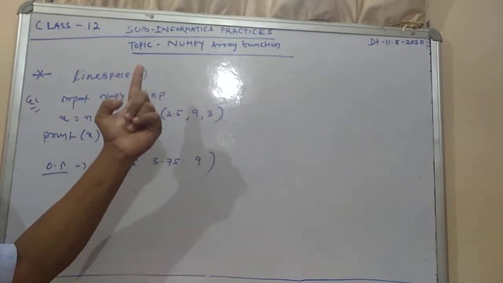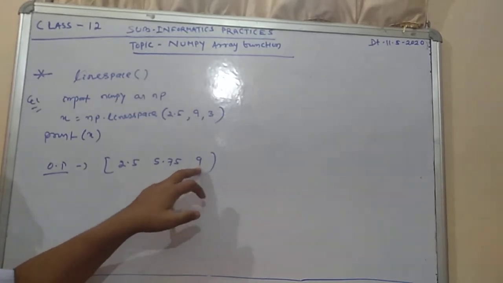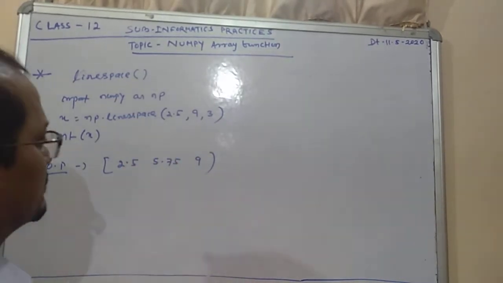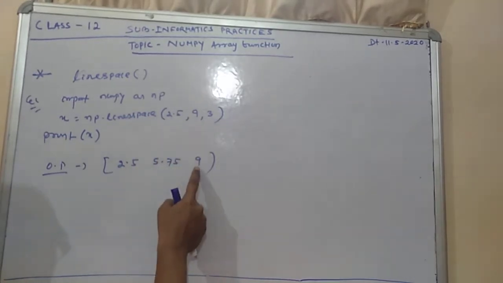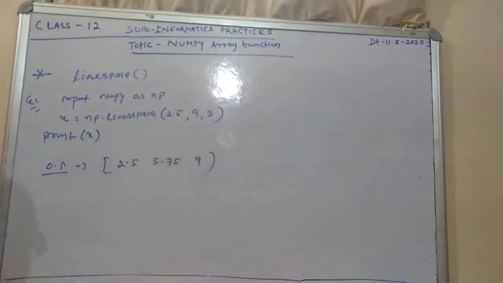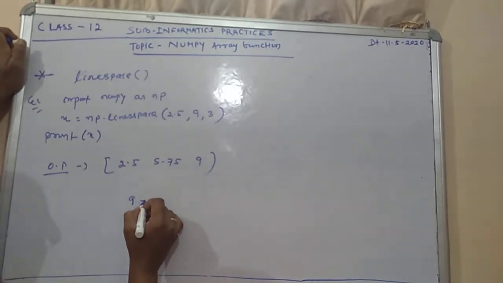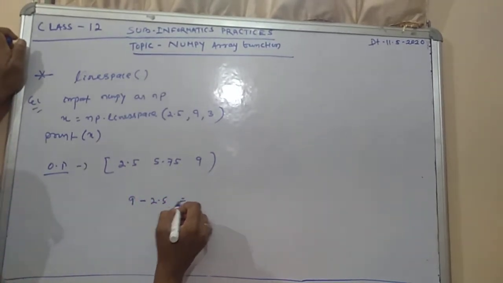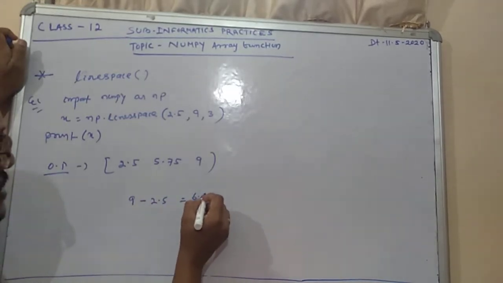In the arange case, the stop index was not included, but in this case the stop index is used itself. Now look, 2.5 is the start, then it is 9. What will we do? A simple thing: 9 minus 2.5 is 6.5.